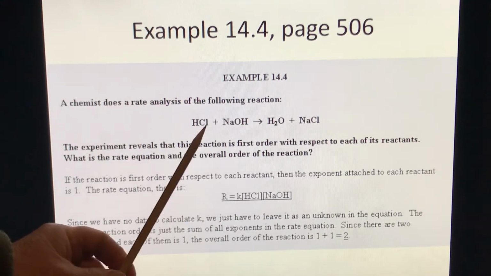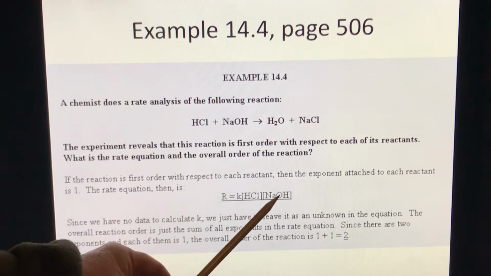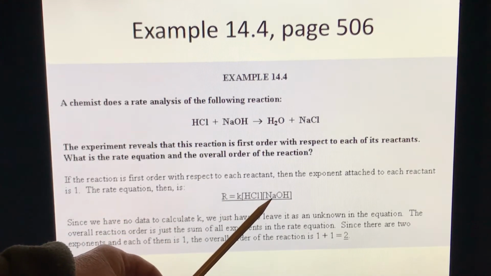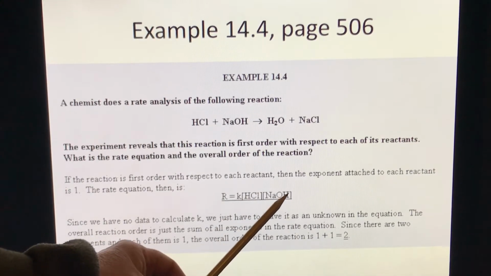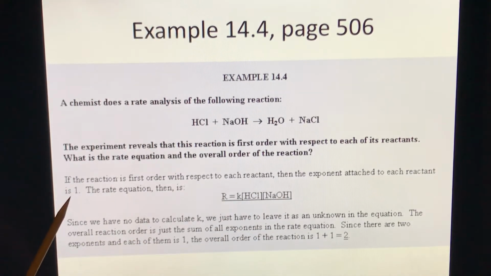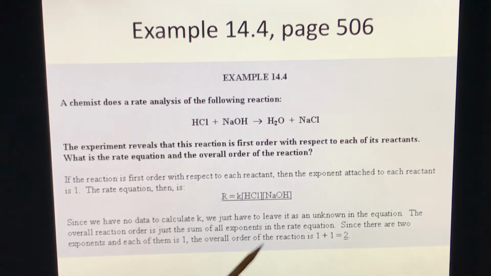So we remember for the rate equation, we substitute in the reactants for the A and the B position, and then these have exponents up here because they're both described as first order. They have both 1 as their exponent, but since we don't actually write the 1, it's implied but not actually written out. And so the overall order of this reaction is 1 plus 1, or 2.